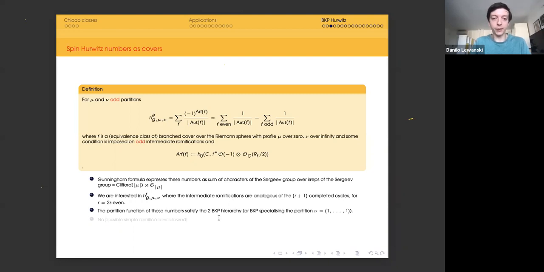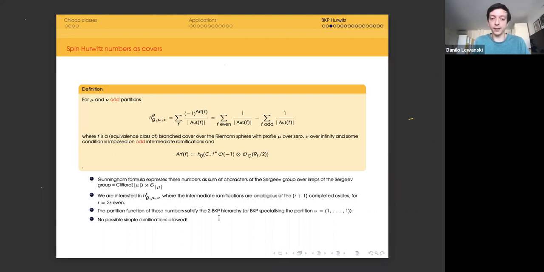And the first thing that you notice about these numbers is that there are no simple ramifications allowed. And in principle, you could think this is a problem, right? What do we do in Hurwitz theory? The first, easiest problem that we want to study is simple Hurwitz numbers. What are simple Hurwitz numbers? You require that all the intermediate ramifications are simple, so just two sheets come together in each branch point.